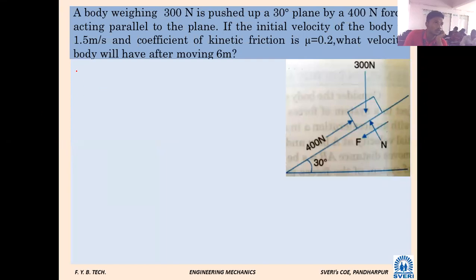Problem number 2. Read the problem and try to analyze.